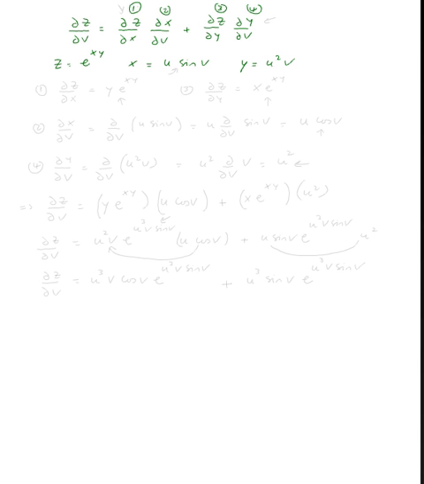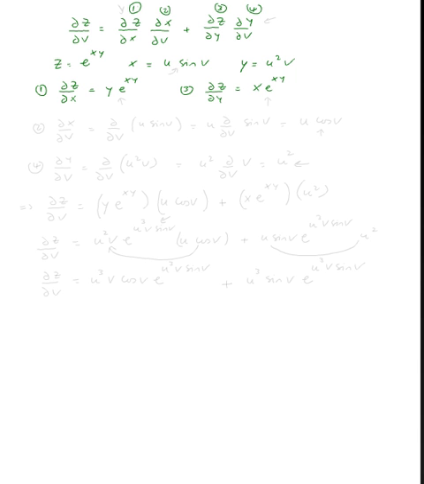So 1 is partial z with respect to x will be equal what? Partial z with respect to x is equal to y e^(xy), and then 3, already found that one also, partial z with respect to y is x e^(xy), so we don't have to do that.